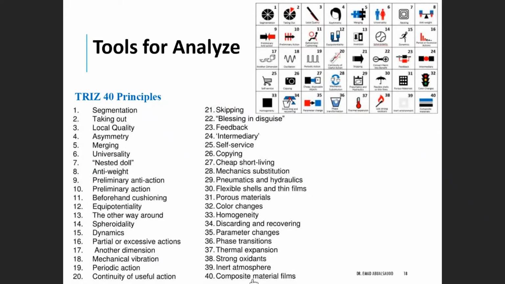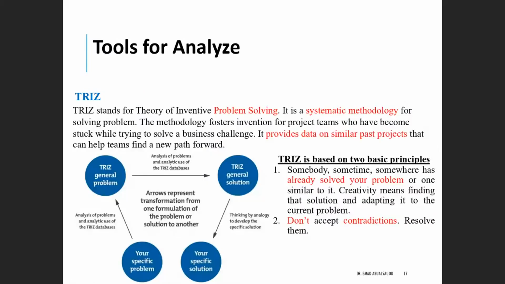The TRIZ database contains 40 principles. Those principles, with all information related, are in the shared folder on the aid module. You can find them. Here is the list of all the 40 principles, and due to the time, I'm not going to cover all of them, because, when we come here to the systematic methodology steps, it's the general solution.